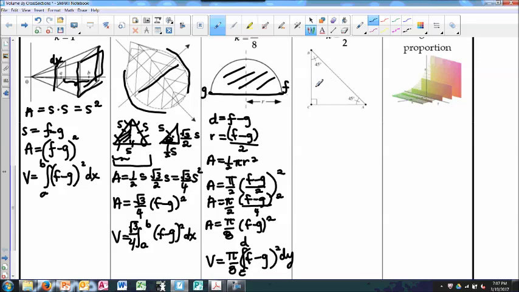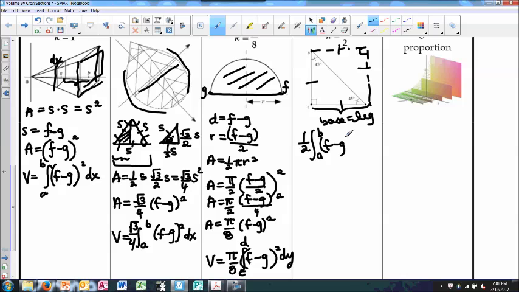Now, my isosceles right triangle, if we're on the base, and the base happens to be a leg, then we really just have half of a square, because the 45 and 45 have isosceles legs. So half of a square makes our volume 1/2 of the side squared, and the side being the distance between f and g.